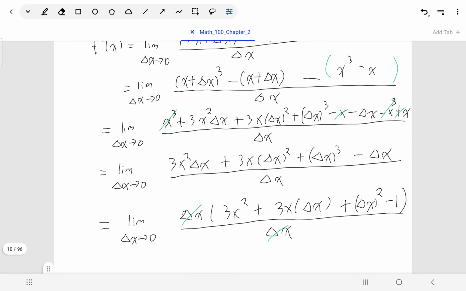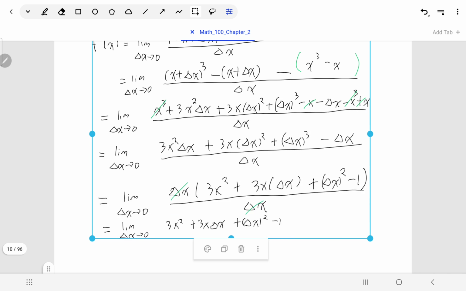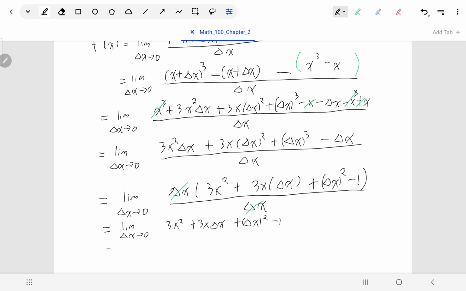Ooh, I guess I'll have to fit it here on the very bottom. Of 3x squared plus 3x times delta x plus delta x squared minus 1. And finally, we can say to ourselves, we can let delta x go to 0. And when we do, we'll have 3x squared plus 0 minus 1. Or in other words, we'll have 3x squared minus 1.